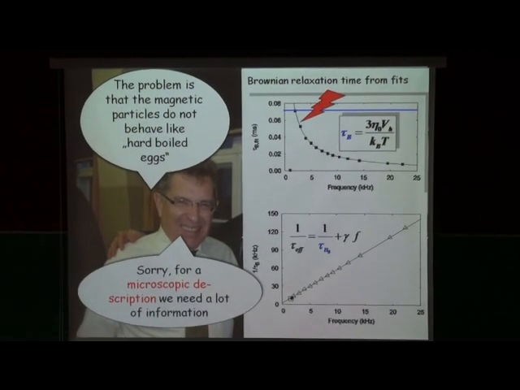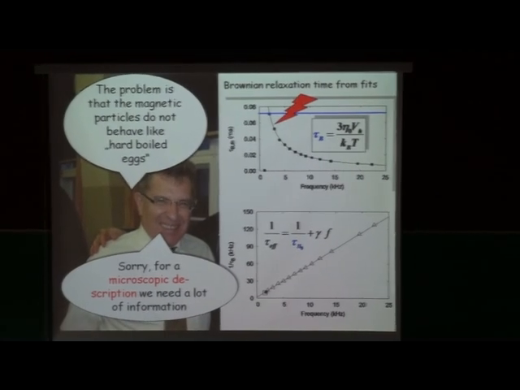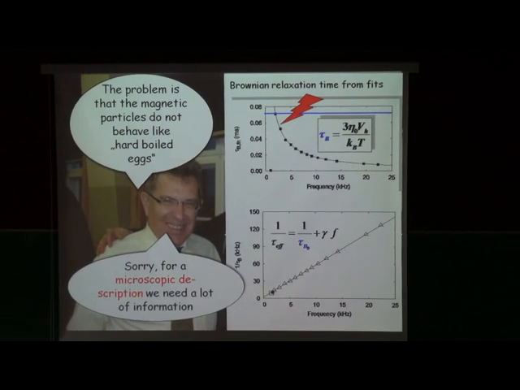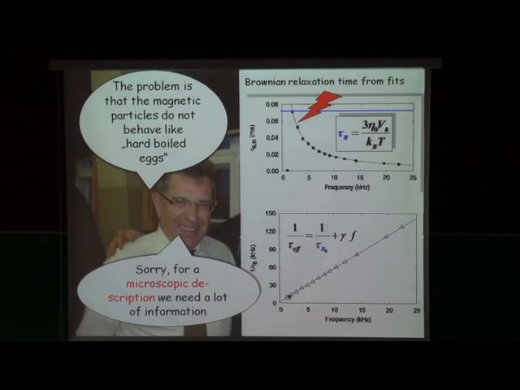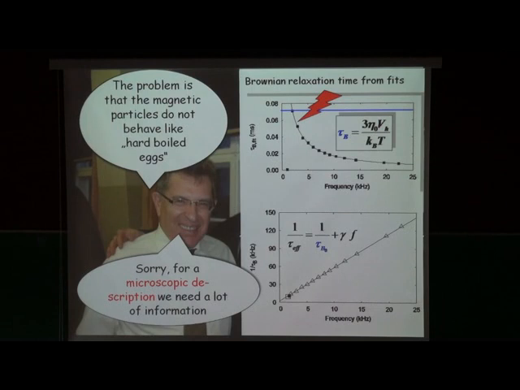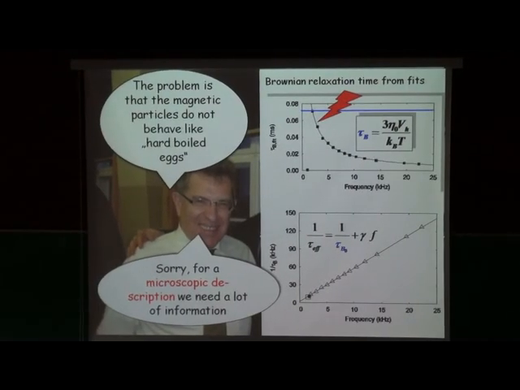Well, but the main message is that for a microscopic description you need to know a lot of information about your ferrofluid. And this is not very nice because you don't have monodispersed liquids, and you don't know for sure the size distribution, just you can measure, but then you don't know how these agglomerates are forming and so on. This makes the situation quite inconvenient.